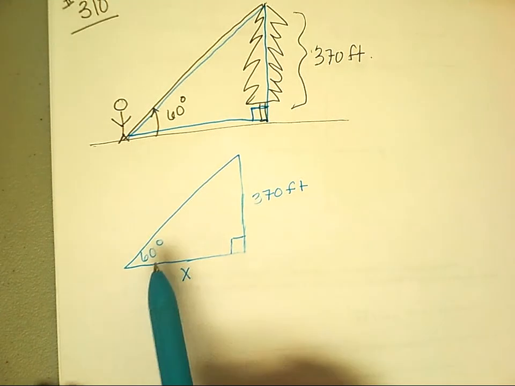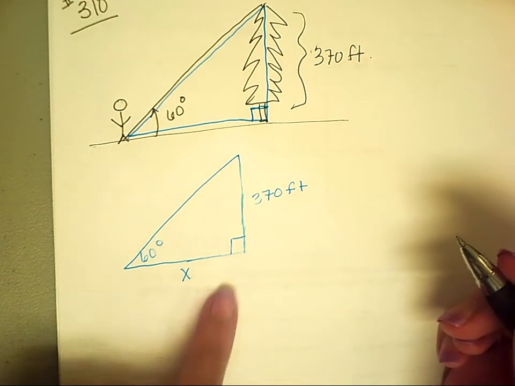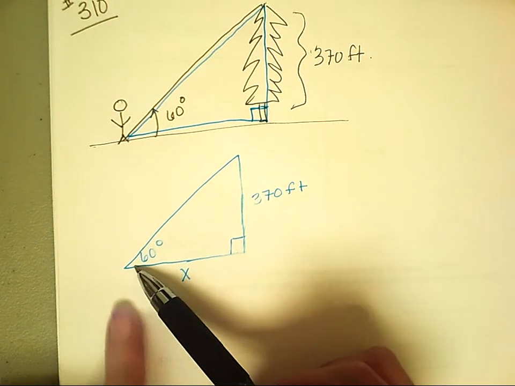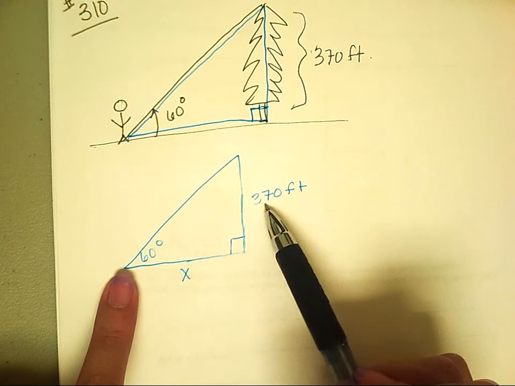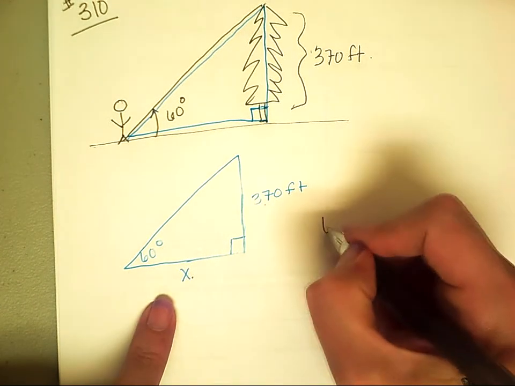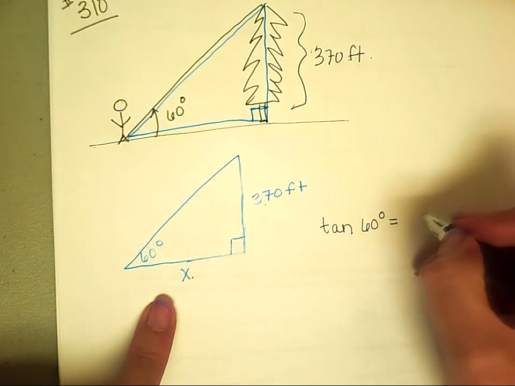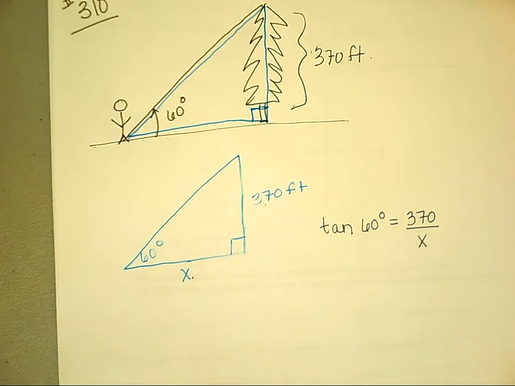I don't know how far away I walked, but it is 60 degrees. And that's exactly what they want to know. How far away from the base are you? Well, now that we have that, we'll use the same idea. Again, I know the opposite over the adjacent, so I could say the tangent of 60 degrees is equal to 370 over x.